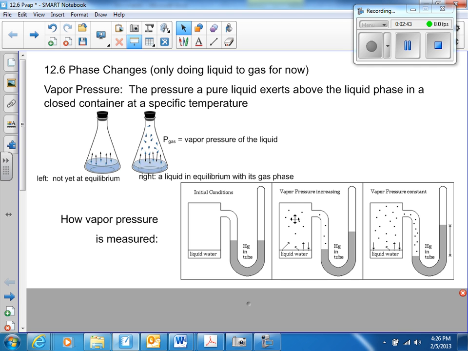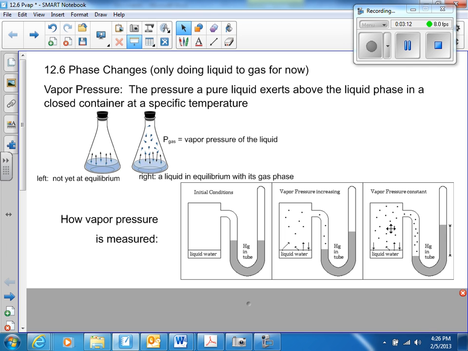It's not at equilibrium yet. So the vapor pressure is starting to show up, because right now you can't see what it actually is. We shouldn't say the vapor pressure is increasing. It's the pressure that is increasing up here. And now we get to equilibrium. So the pressure of the gas up here is caused by liquid water molecules going to gaseous water molecules.